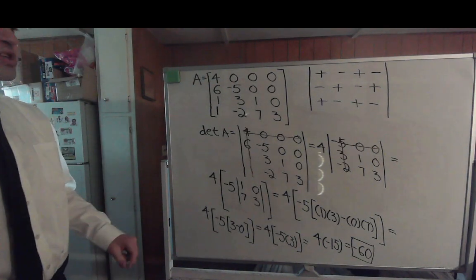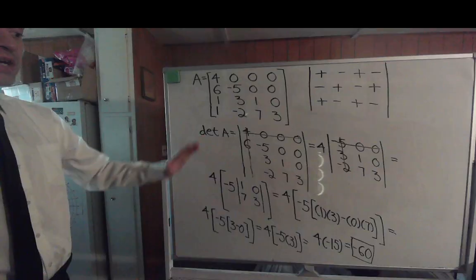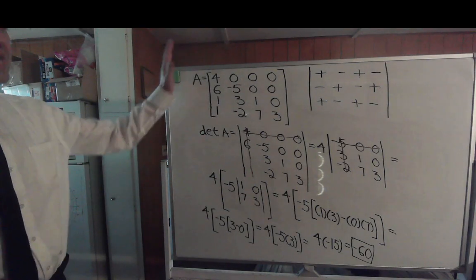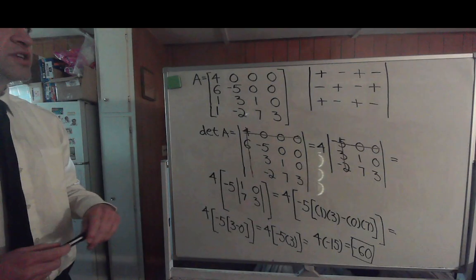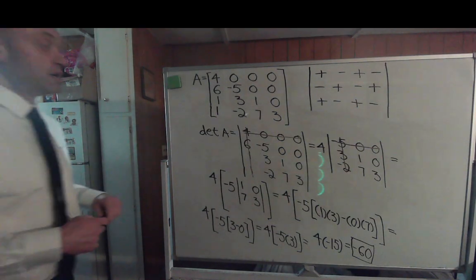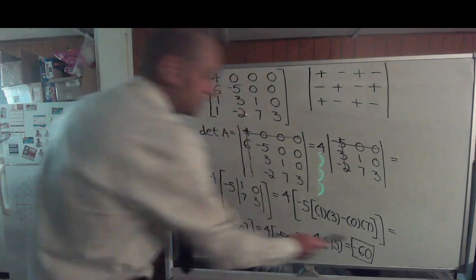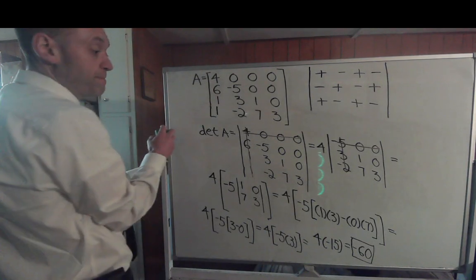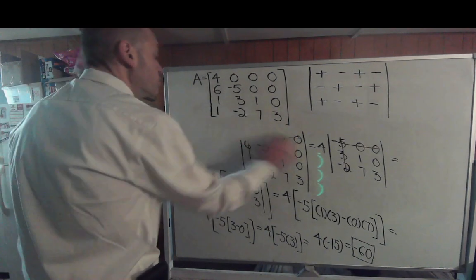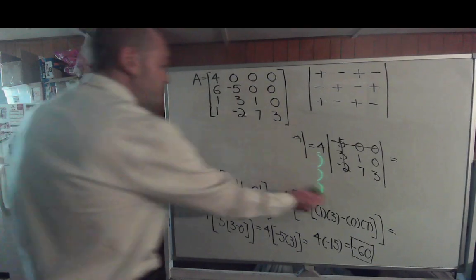And we were able to do that with as few operations as possible. You could have picked any other row or column, you just would have been doing a heck of a lot more work than you actually needed to. But you should still arrive at -60 no matter which way you go for row or column. And we are going to do one 5 by 5.